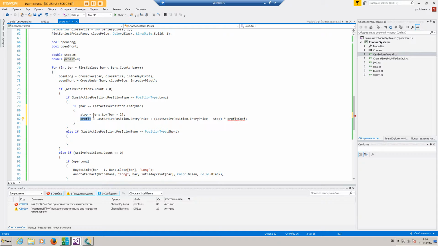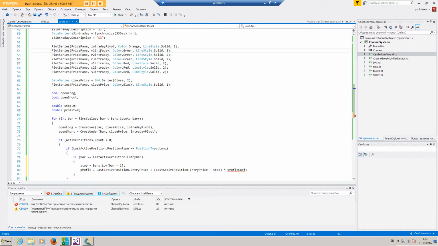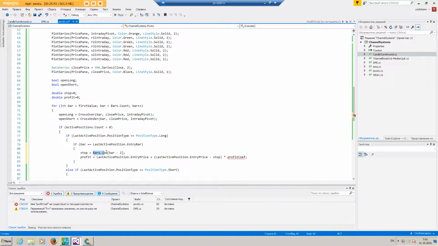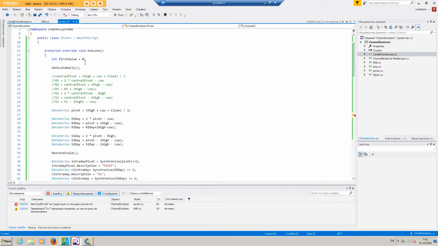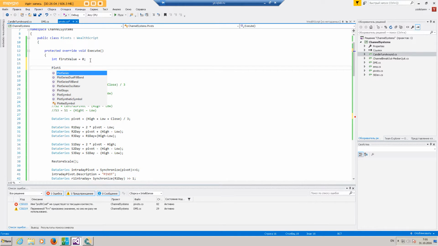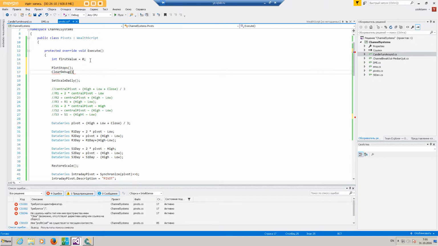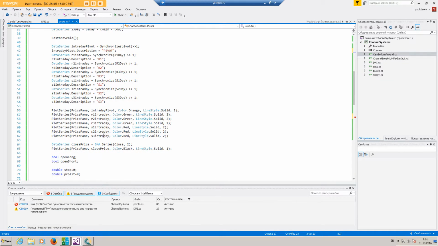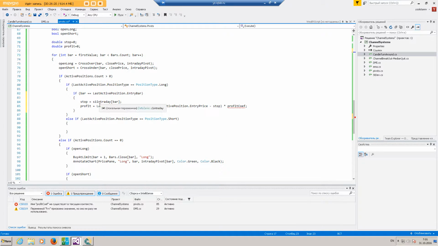Okay, so our stop is gonna be, if we're long, S1 bar, yeah, and we want to plot stops as well. This just clears the debug window. Okay, and our profit is going to be R1.